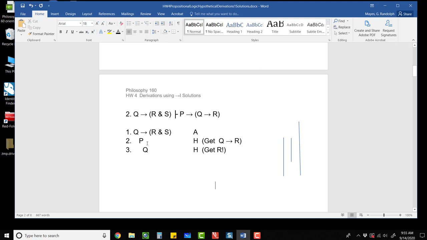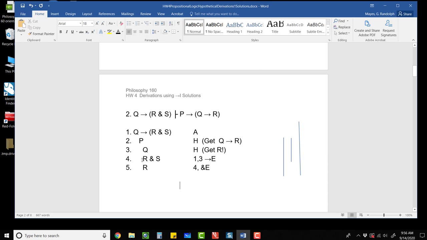So when we hypothesize P, I remind myself here on the side, that means that we're trying to get if Q then R. When we hypothesize Q, that means now all we're trying to do is get R. But that, of course, is a very simple task because now that we have Q, we have R and S by conditional elimination, and then all we have to do is apply conjunction elimination to get R, and then we just discharge our hypotheses from there.